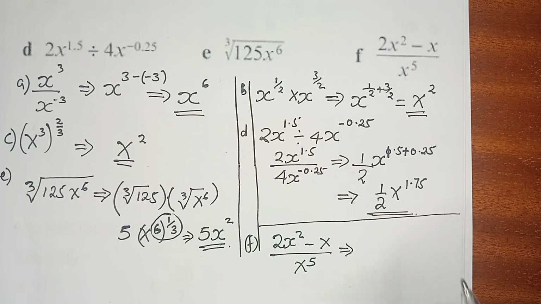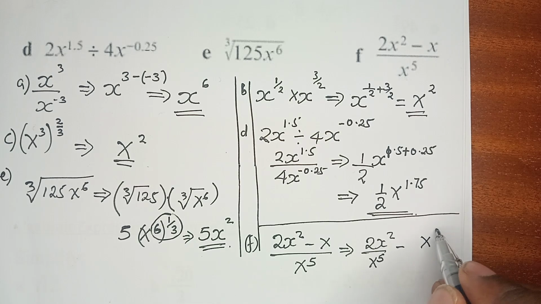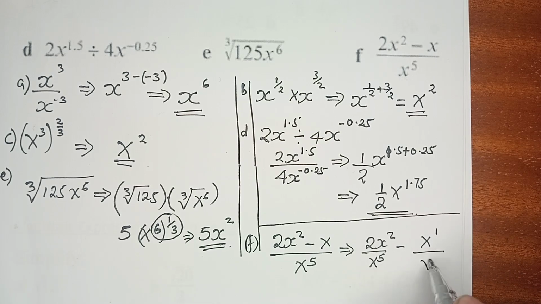And we expect that because we have x at the denominator, this denominator is shared by each of the terms in the numerator. So we need to separate the terms and have 2x squared over x raised to power 5 minus x, this is to power 1, all over x raised to power 5.